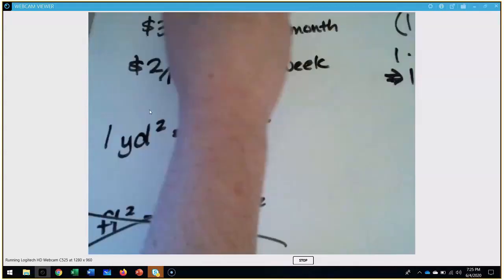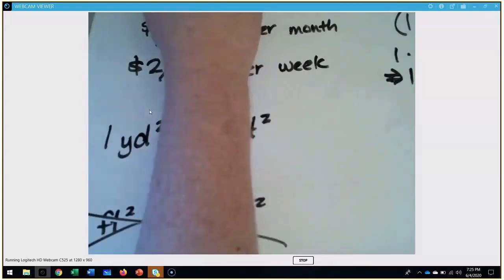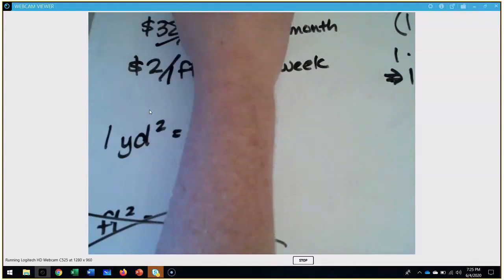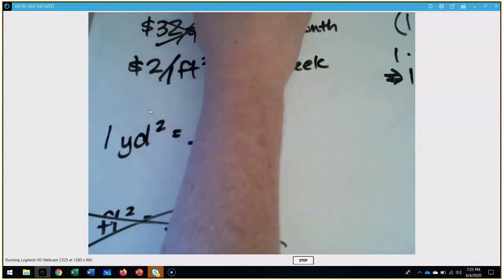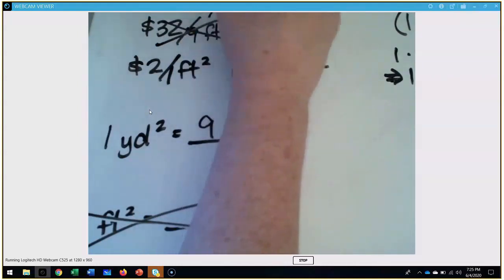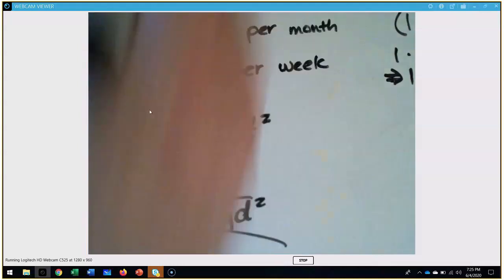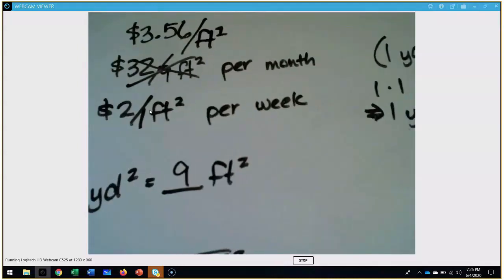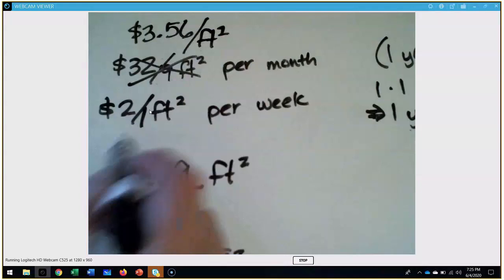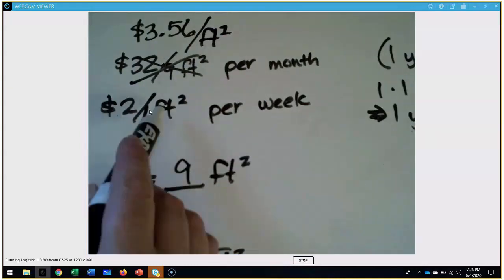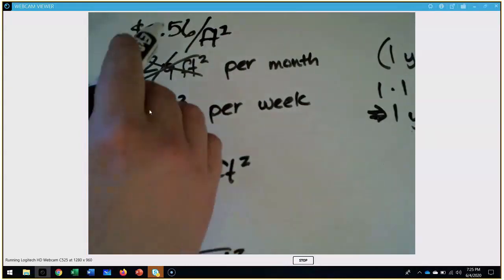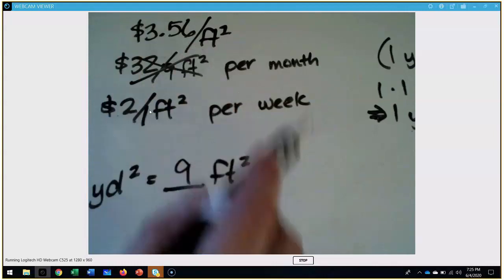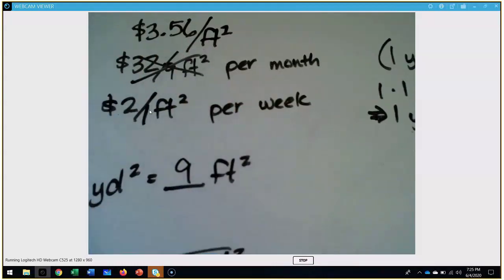So it's no longer 32 per 9, it's now $3.56 for 1 square foot. Now we're closer. It looks a lot better. We've got $2 per square foot, $3.56 per square foot, and now the times don't match. So let's deal with that.